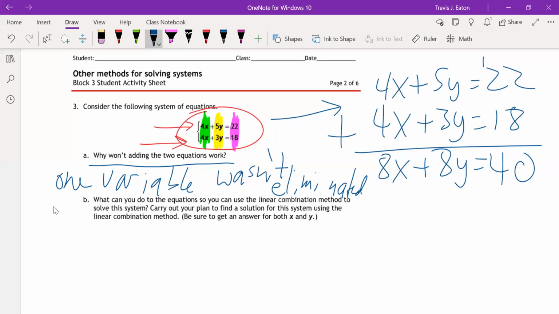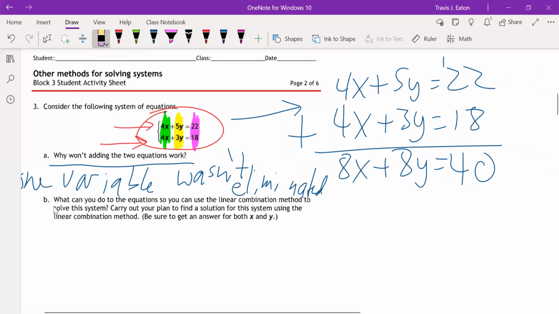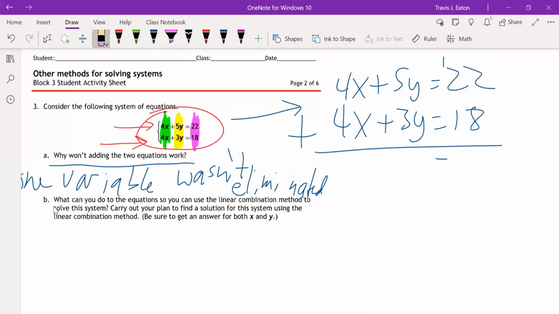Now, here's something that we can do to fix that problem. I'm going to erase what I've got here. Instead of just adding them, what we can do first is multiply one of these expressions. It doesn't make any difference which one.